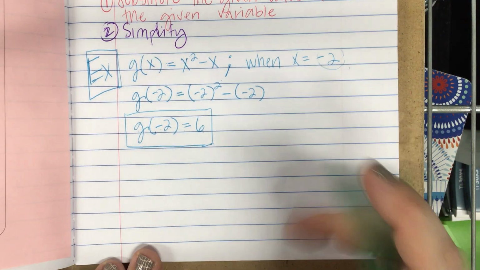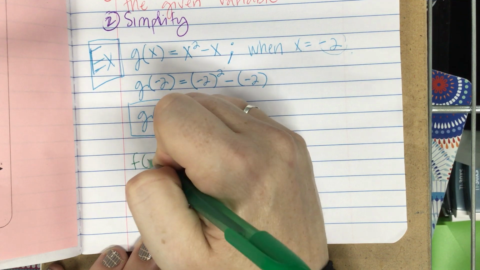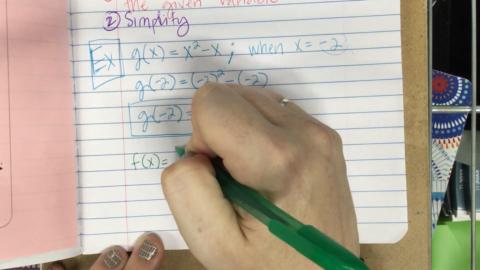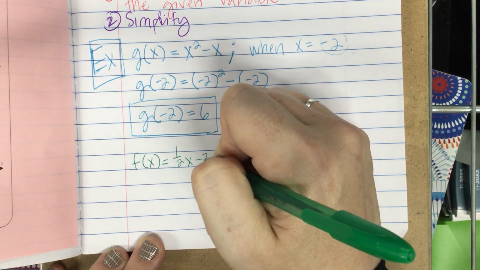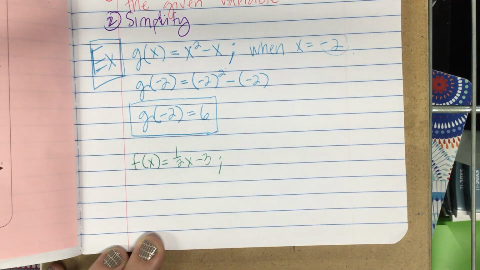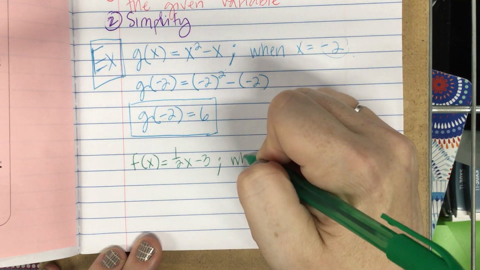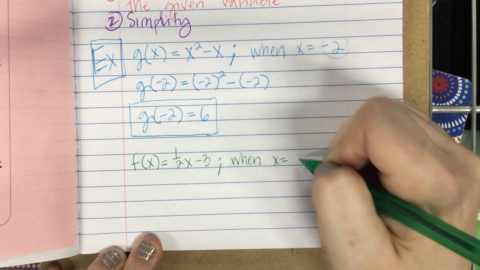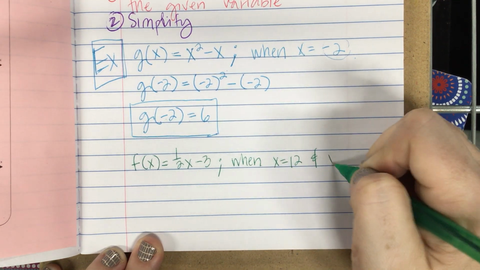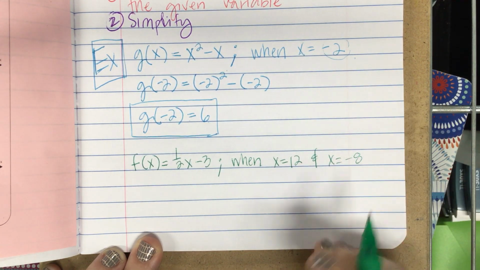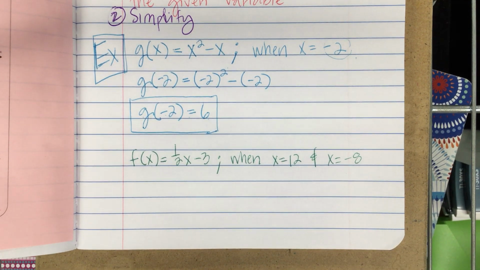It may give you a function that looks like this. 1/2 x minus 3 when x equals 12 and x equals negative 8. It may ask you to do something twice. That's okay.